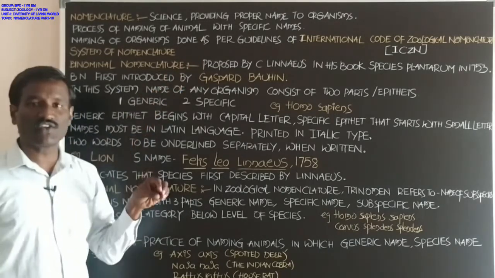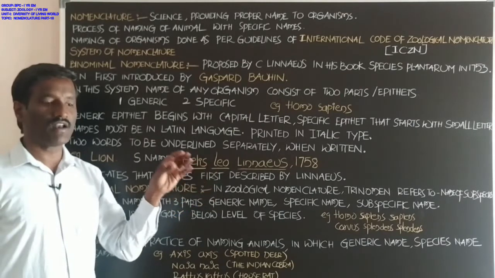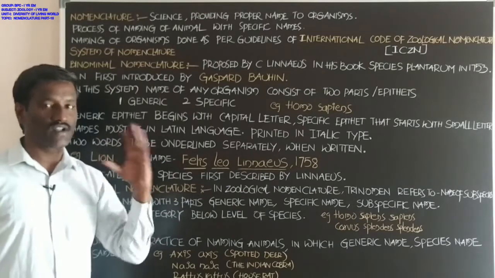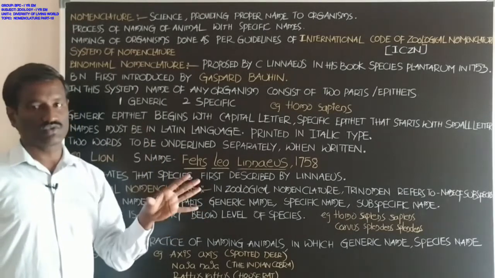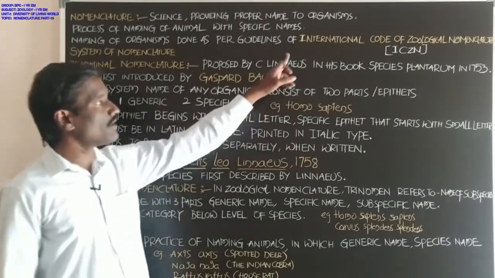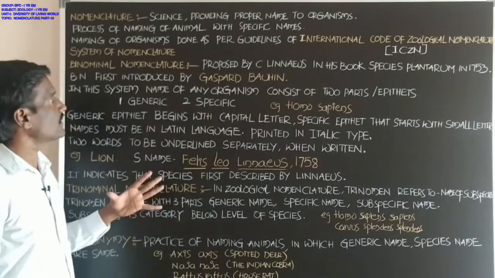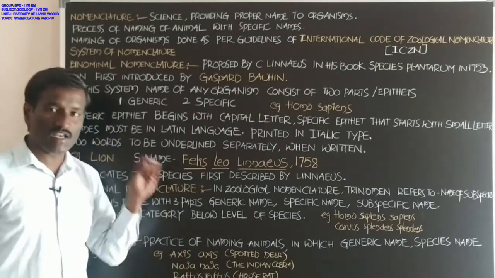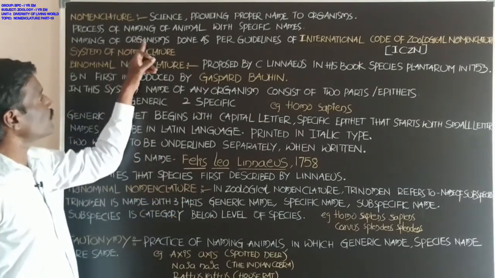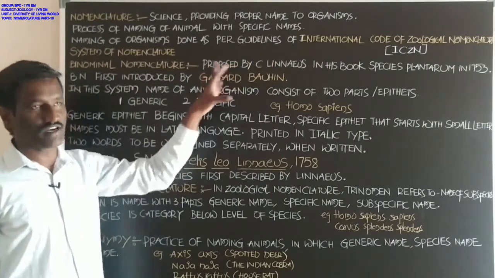For the scientific name, the technical name given to the animal, some rules and regulations must compulsorily be followed. These rules are created by the International Code of Zoological Nomenclature.